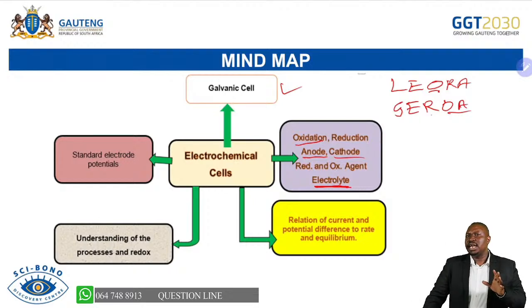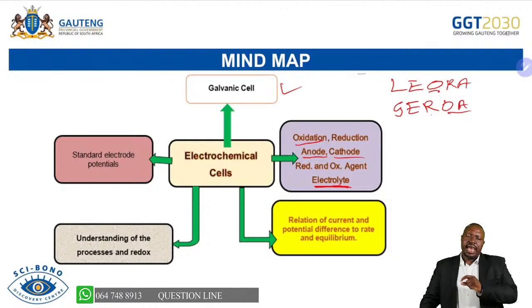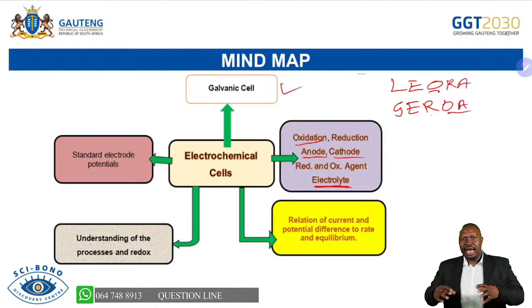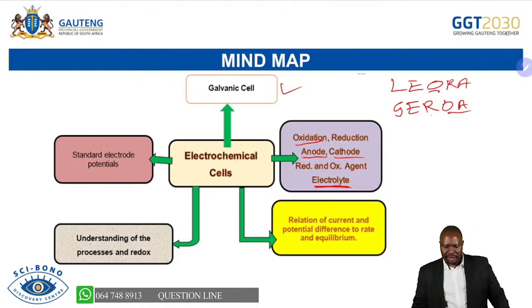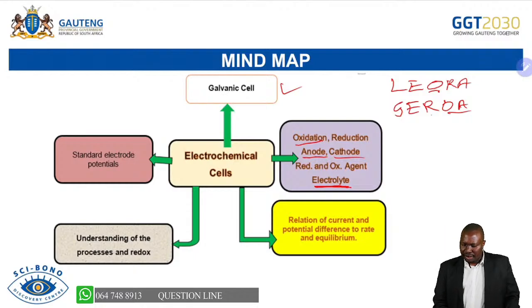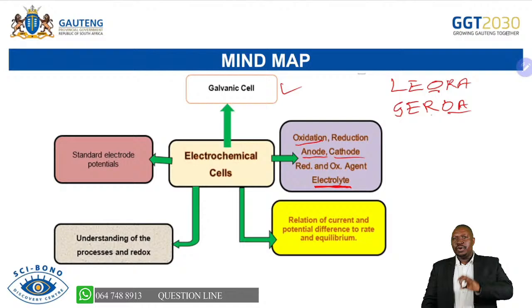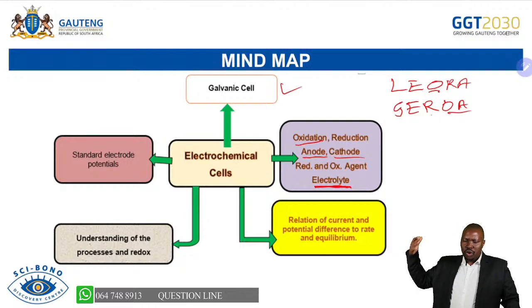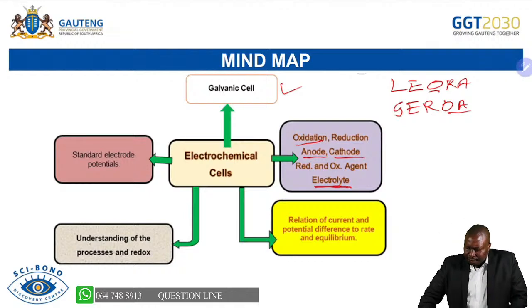So the main idea is that when a substance is dissolved in water and gives a solution that conducts electricity, we refer to that as an electrolyte.